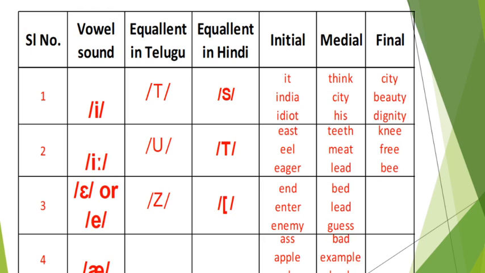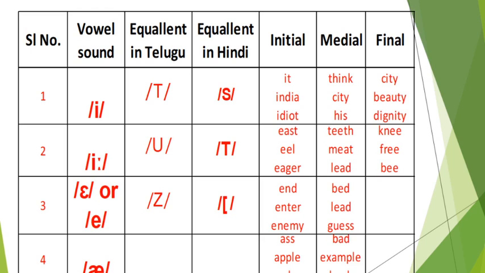See these examples. It happens initially, medially and finally. Initially in the words such as east. You see the difference between the first and second vowels: first is I as in it, second is E as in east, eel, eager.